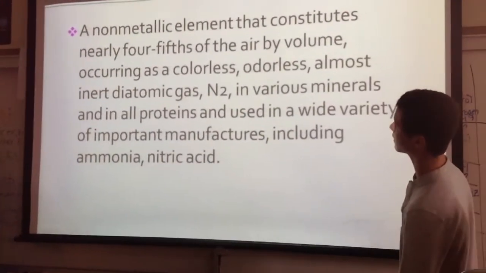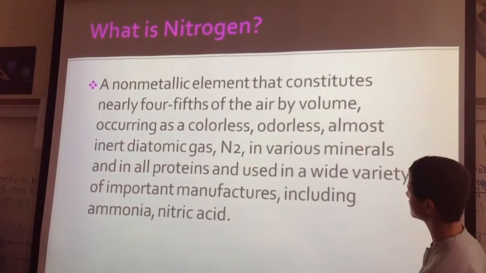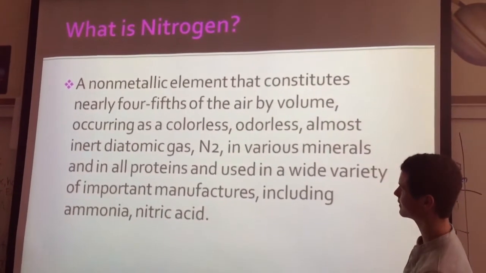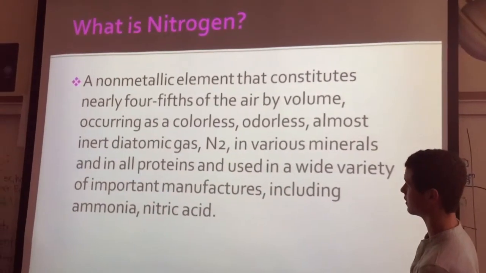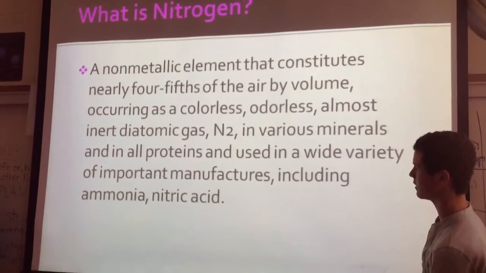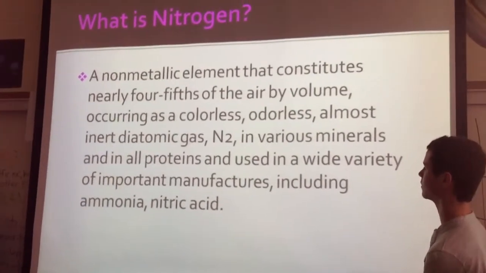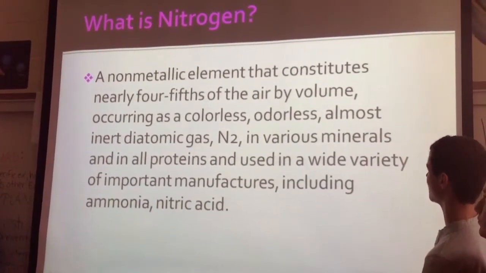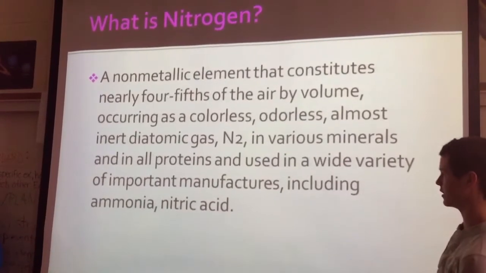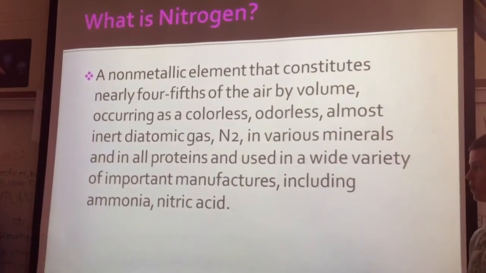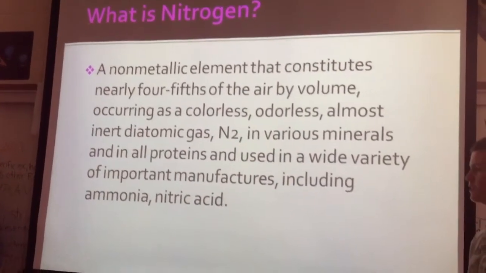A non-metallic element that occurs as a colorless, odorless, almost inert diatomic gas, found in the element table and in various minerals and in all proteins, and used in a wide variety of important manufactures, including ammonia and nitric acid.